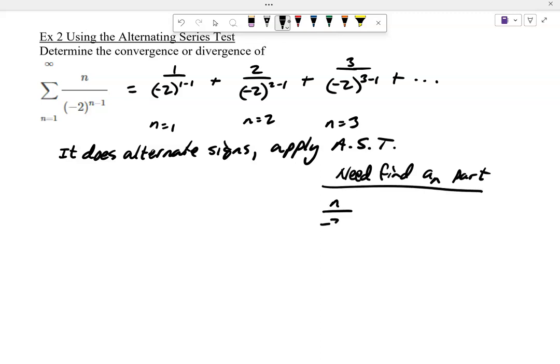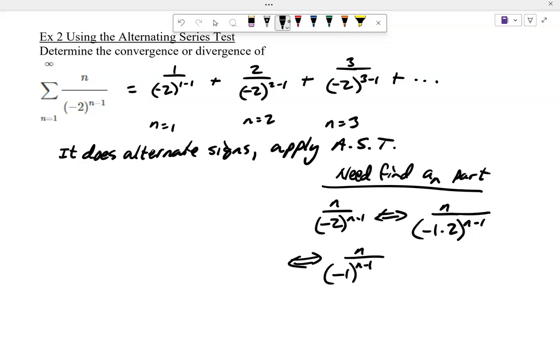This is what we have, negative 2 to the n minus 1. Well, that's the same as negative 1 times 2 to the n minus 1. Well, that's the same as negative 1 to the n minus 1 times 2 to the n minus 1. So here, this is the alternating part right there.